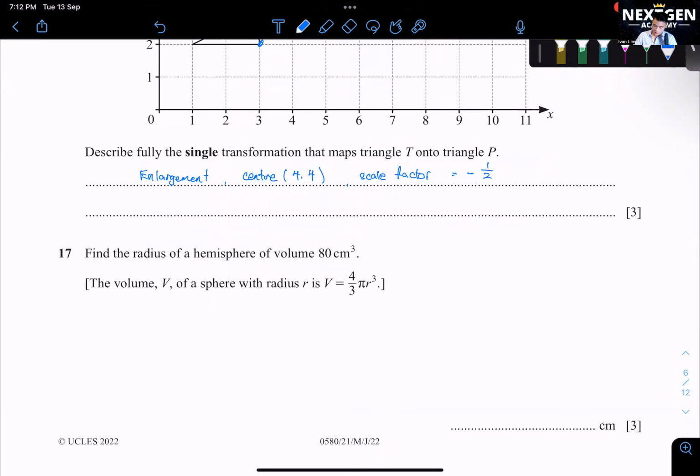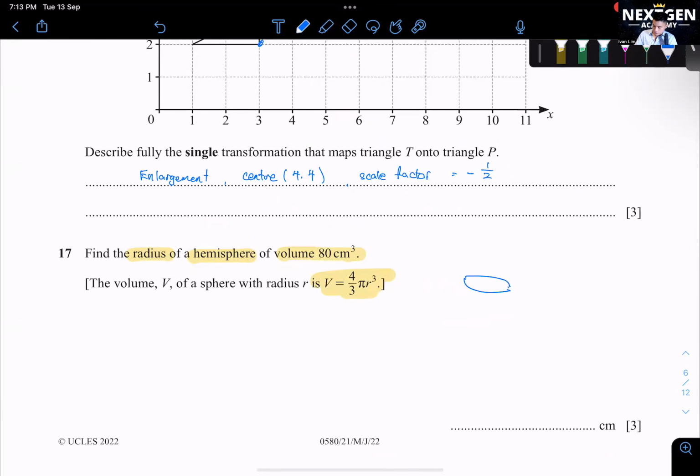Question 17. Find the radius of a hemisphere of volume 80 cm cube. They give you here: volume of a sphere with radius r is V equals 4 over 3 pi r cube. So what's a hemisphere?